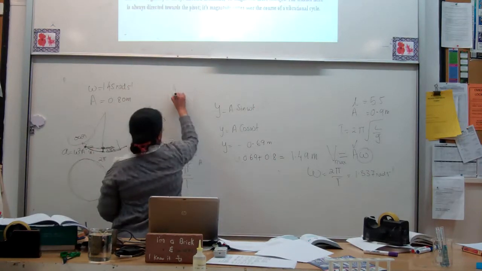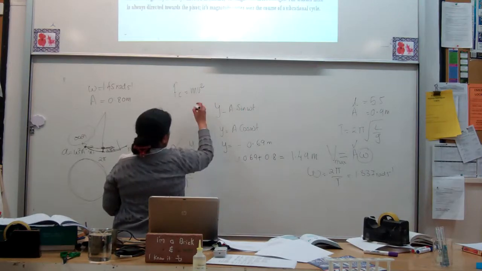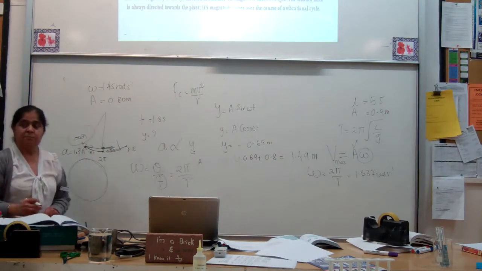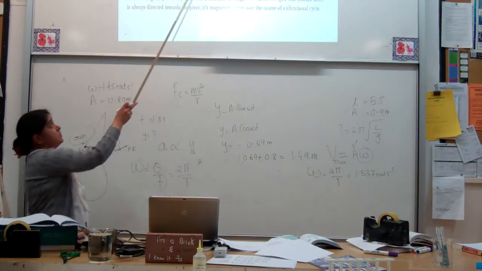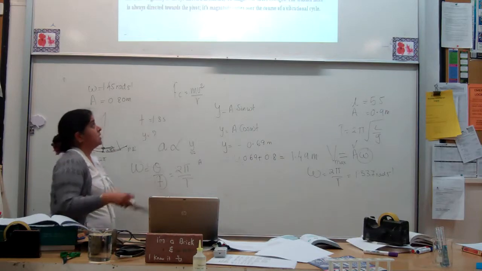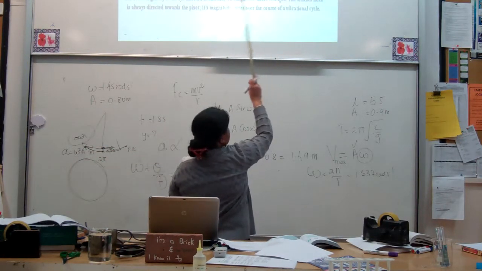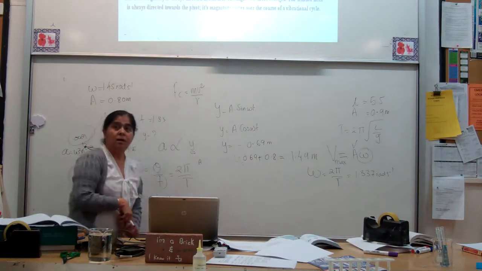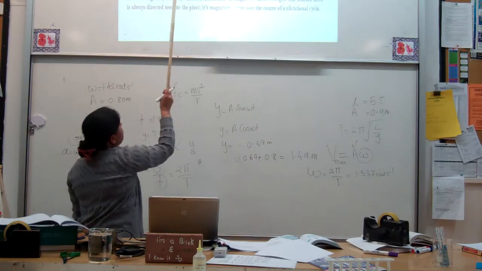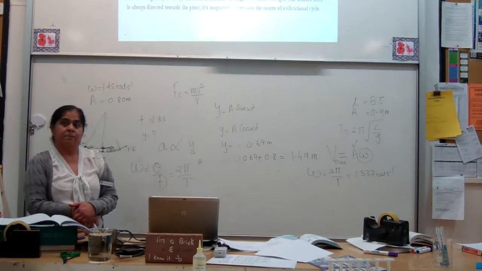Centripetal force is Fc equals mv squared over r. If velocity is maximum, that means centripetal force is maximum there. But centripetal force here and these points is 0. As it keeps on coming towards this end, there's some centripetal force.